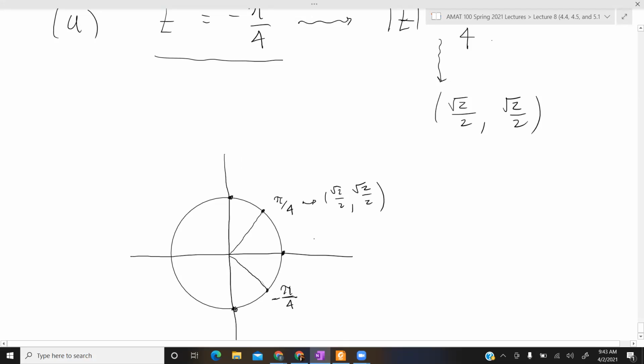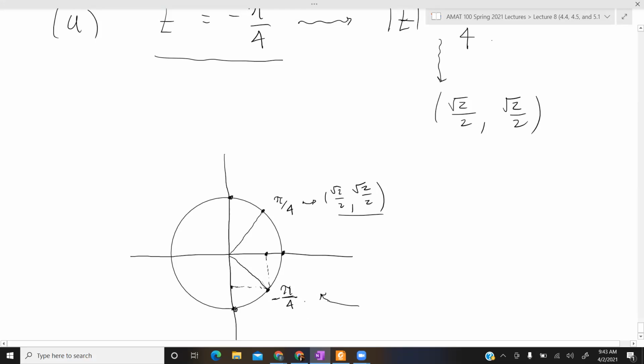The absolute values of the coordinates are going to be the same as this point right here. It's just a matter of determining the sign. When you're in the fourth quadrant, notice the x coordinate is positive, but the y coordinate is negative.